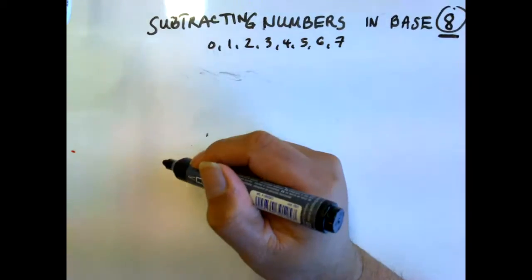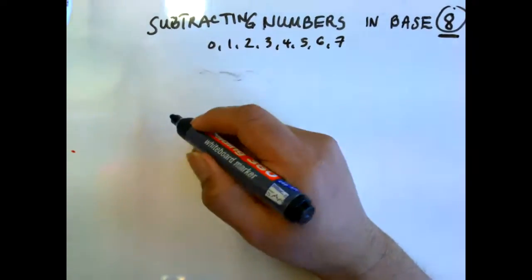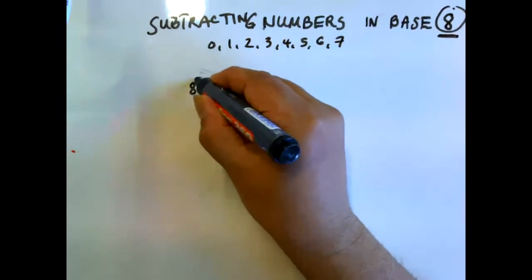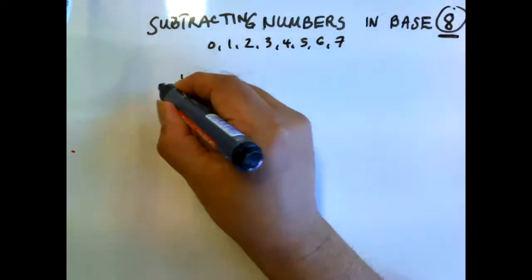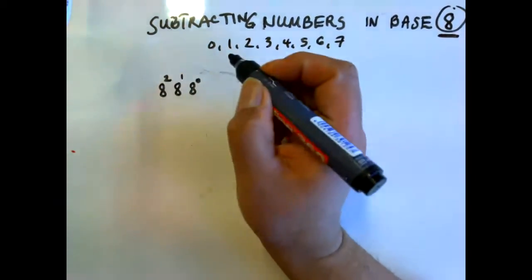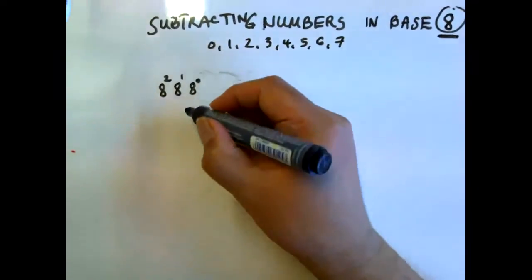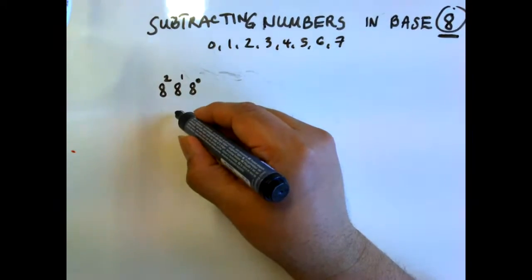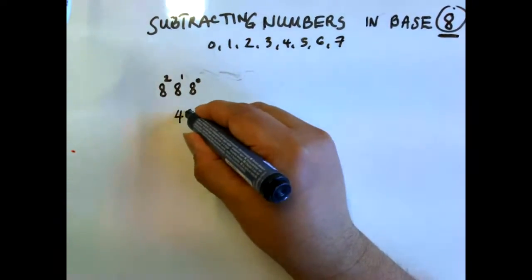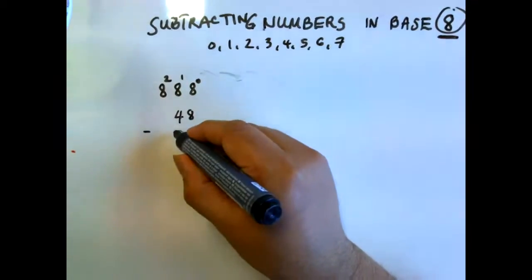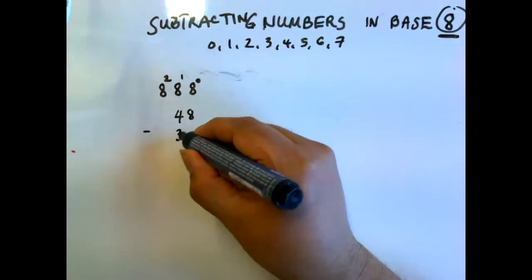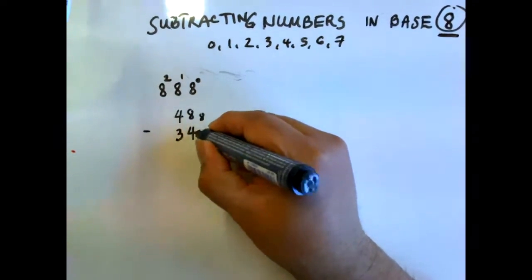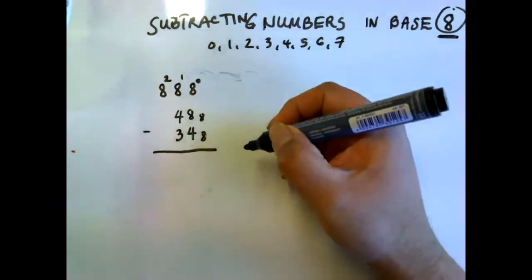So let's move on. That means that the place values that we've been using so far have different exponents of 8. It can be more complicated than that, but as an example, we could say 48 less 34 in base 8, which is quite easy because you don't need to carry or borrow.